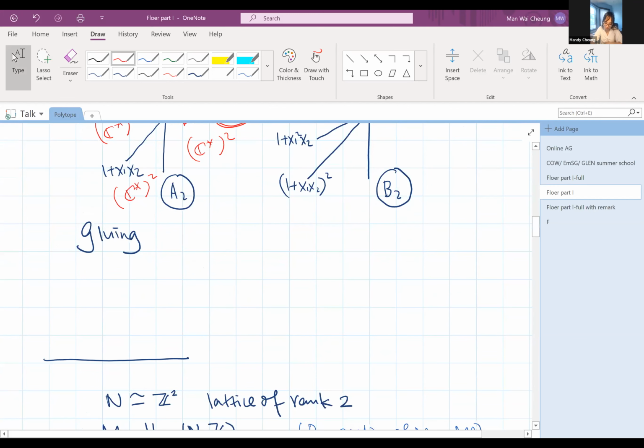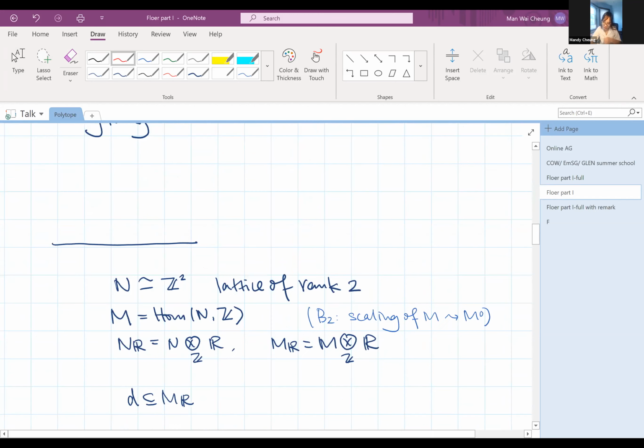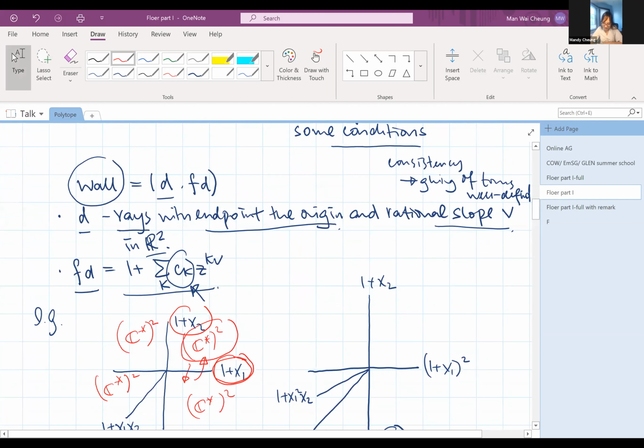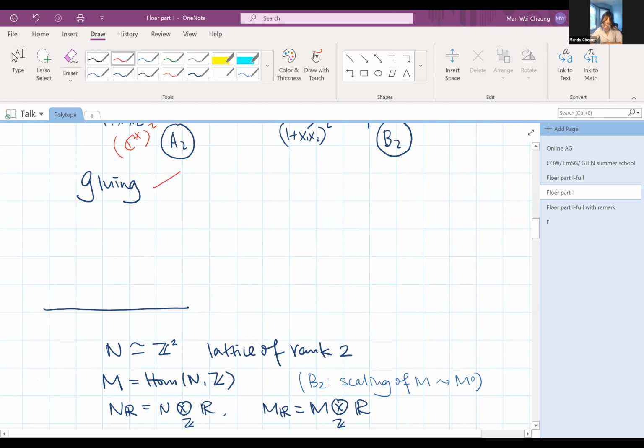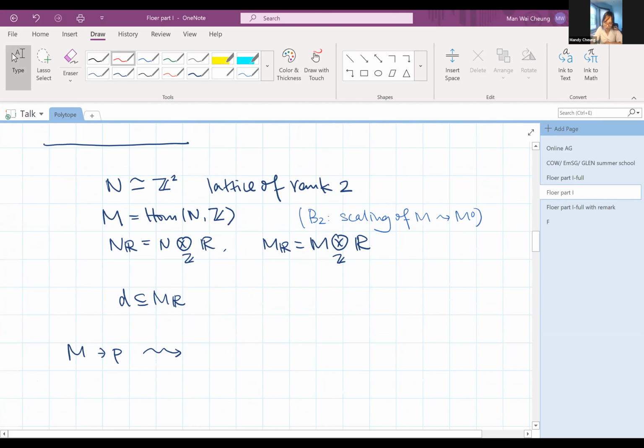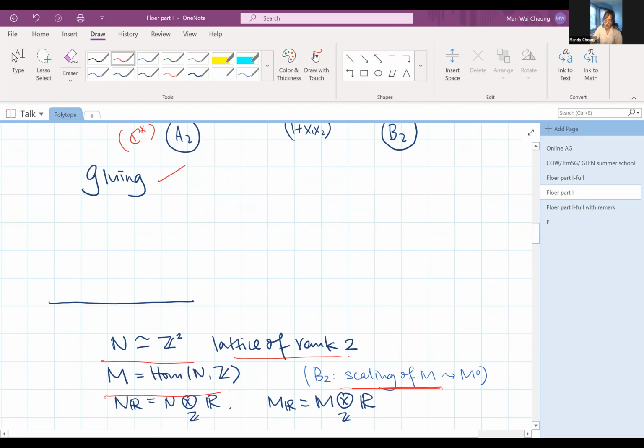So here I hide away some formality. When I say this is R2, what we are actually doing is we start with a lattice N, and then we have the dual torus, the dual lattice M. In the case of B2 in the cluster world, we are working with some scaling of the dual lattice, because you can see we have a 2 there.